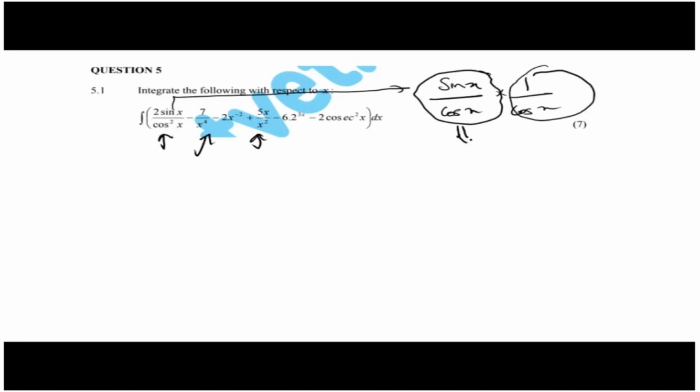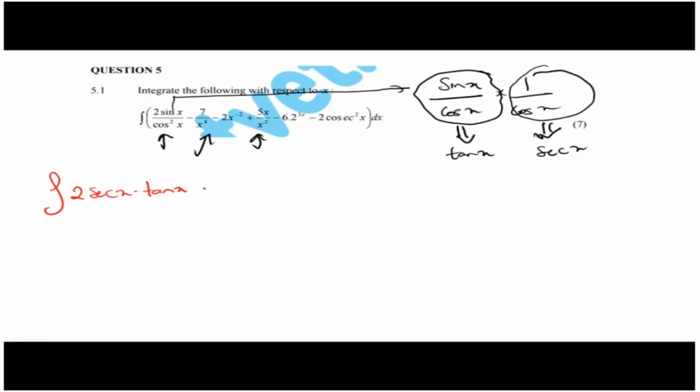What is sine over cos? Tan. What is 1 over cos? Sec. And you have an integral for sec x tan x. So this is the same thing as the integral of 2 sec x tan x.